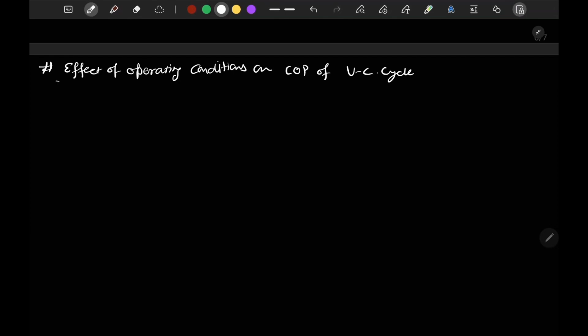If we talk about this, there are various operating conditions like evaporator pressure and condenser pressure. These are conditions. We will discuss a few more conditions in this topic.